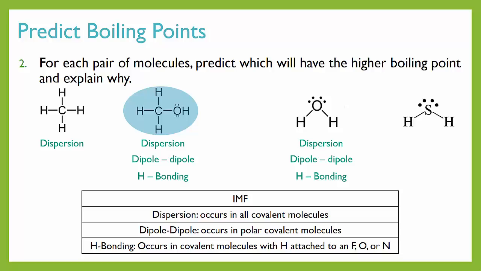In the case of H2S, this does also have dispersion because it is covalent, and it is also polar, giving it dipole-dipole, but it doesn't have hydrogen attached to F, O, or N. Those hydrogens are attached to sulfur, so it doesn't have hydrogen bonding. So in this case, the one with the higher boiling point is going to be water because it's got more intermolecular forces. It takes more heat to disrupt those forces and allow it to turn into a gas, to allow it to boil.